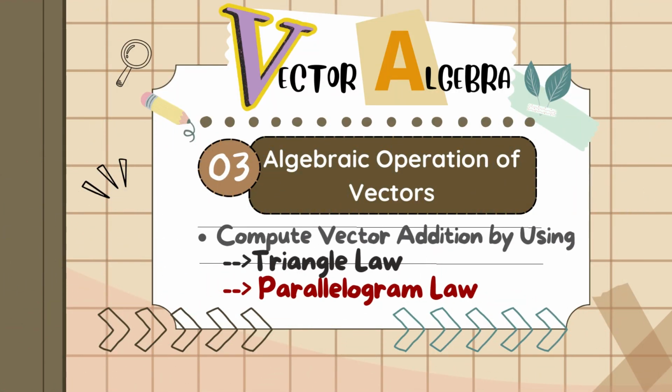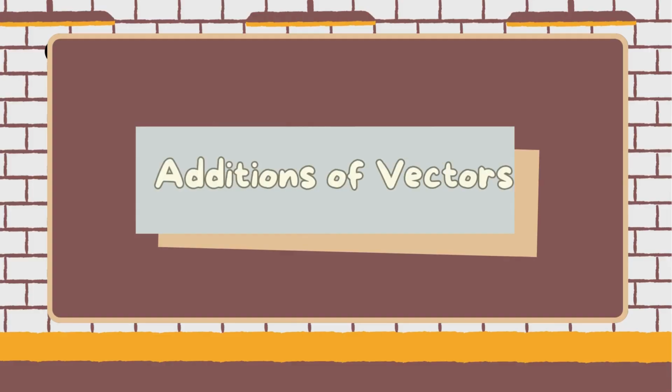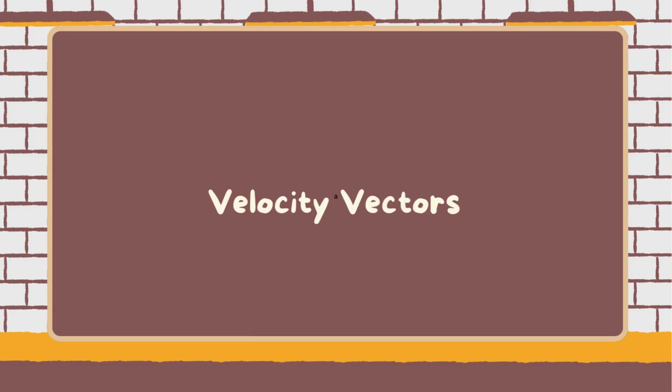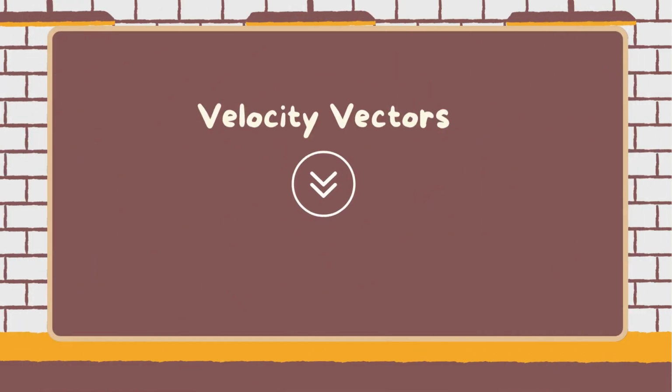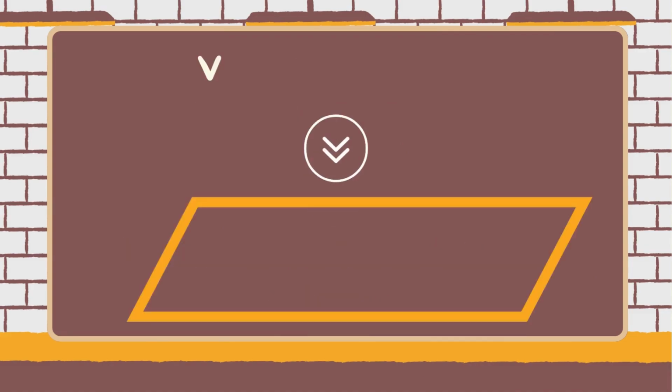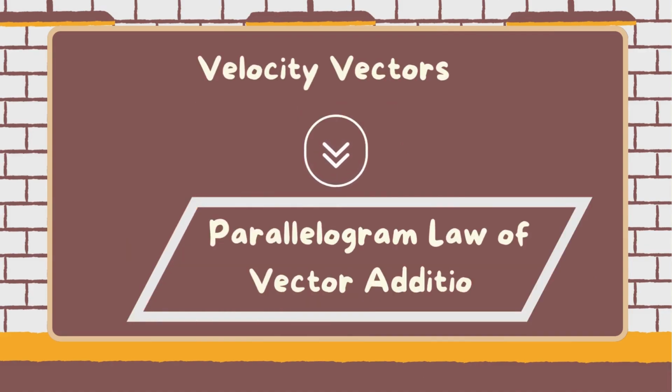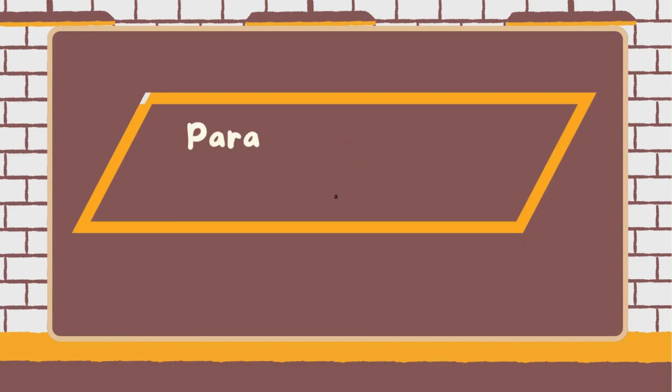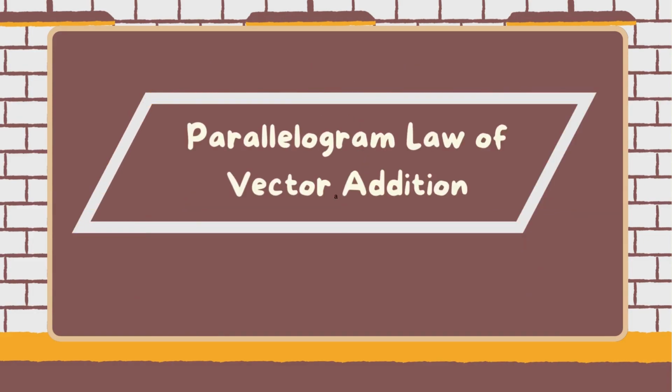We continue with the parallelogram law of addition. Now, instead of this, if we think of the vectors as velocity vectors, we arrive at another law of vector addition called the parallelogram law of vector addition. We will see this law in the next lesson, the parallelogram law of vector addition.